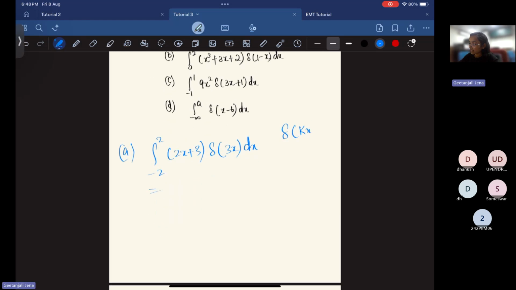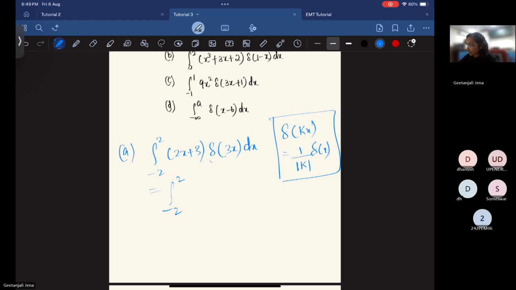So recall delta k x is 1 by mod k delta x. One. Yes, it's correct.